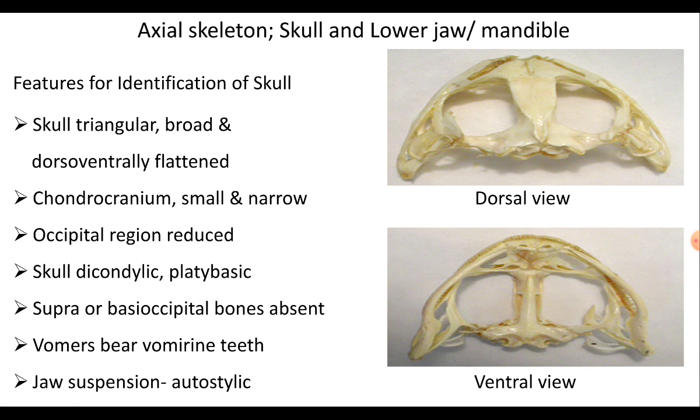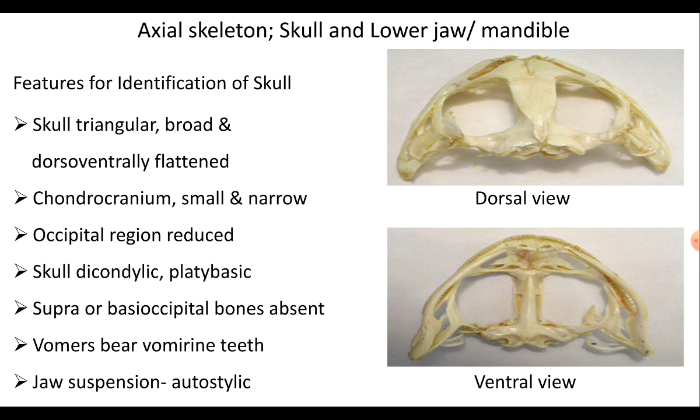Coming to the skull of frog, it possesses certain characteristic features to identify it as the frog skull. The features are: the skull of frog is broad, large, triangular in shape, and it is dorso-ventrally flattened, where the cranium of the skull is completely made up of cartilage.